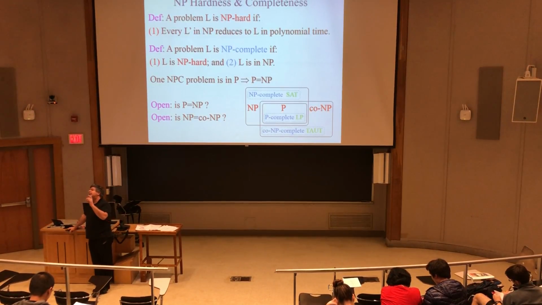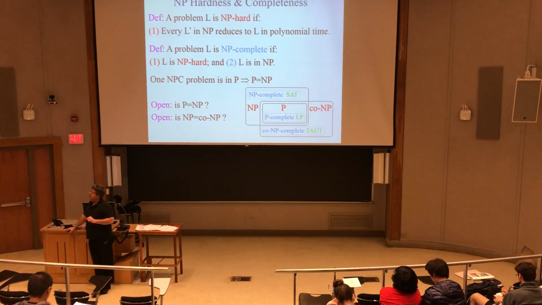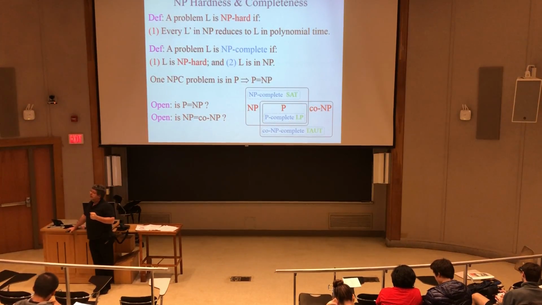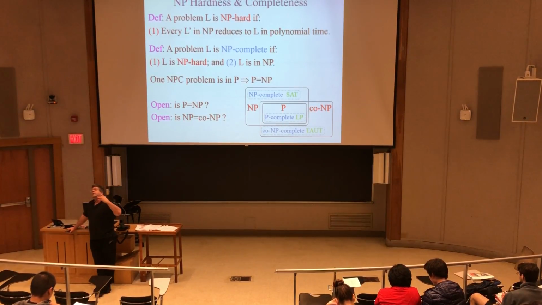Because that means it's at least as hard as everything in NP, and may not be as easy as anything in NP. In other words, it should be worse than NP. And there's plenty of problems that are much worse than NP, like exponential space complete, or double exponential time complete.